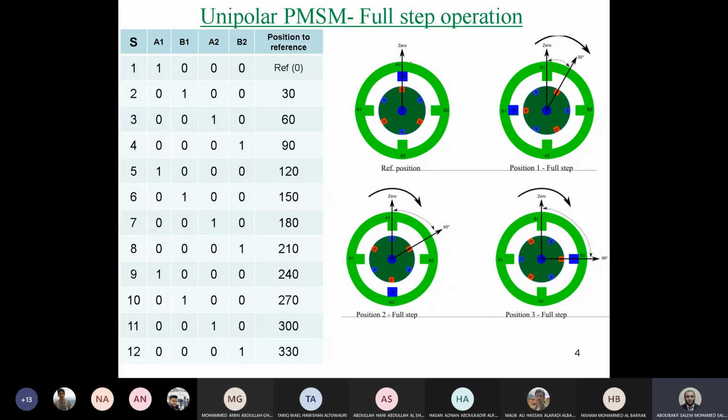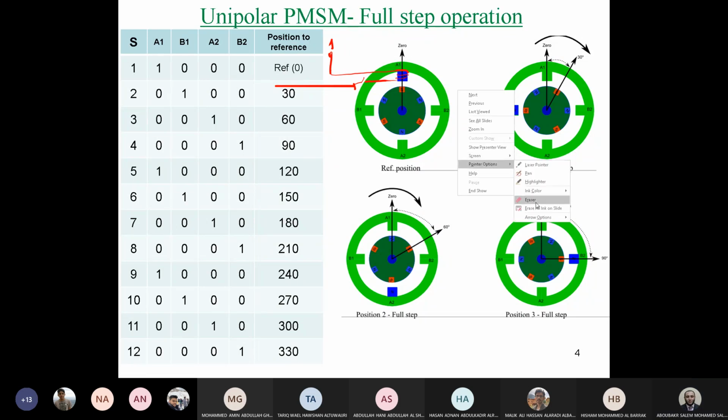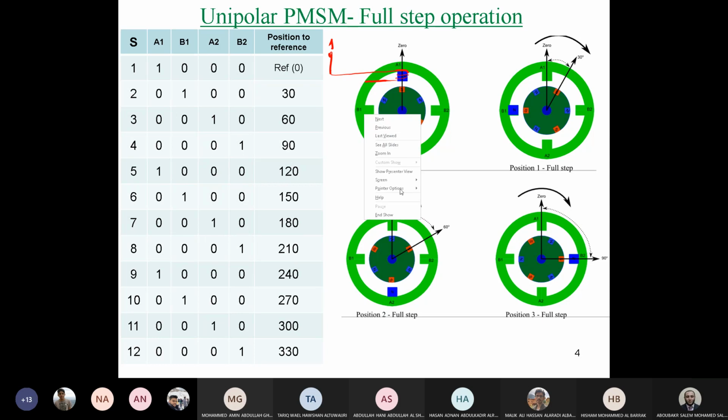When we energize the one half coil 1A, this is point 1, and we have one half of the coil already wound here and connected by means of a power electronic switch to ground like that.